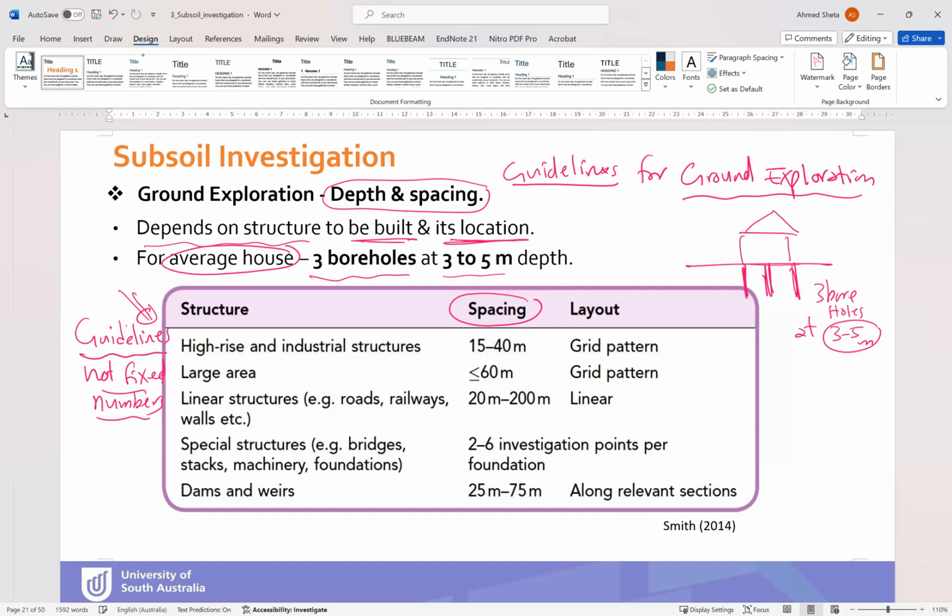Okay, so for high-rise and industrial structures, from 50 to 40 meter between the boreholes. For dams and weirs, from 25 to 75 meter. For some special structures such as bridges, stacks, machinery foundations, from 2 to 6 investigation points at least per foundation. So depending on the type of structure, the spacing will be decided.